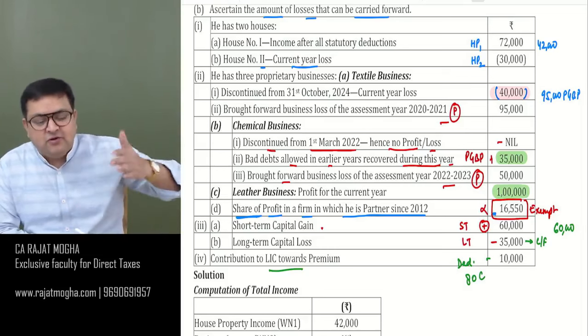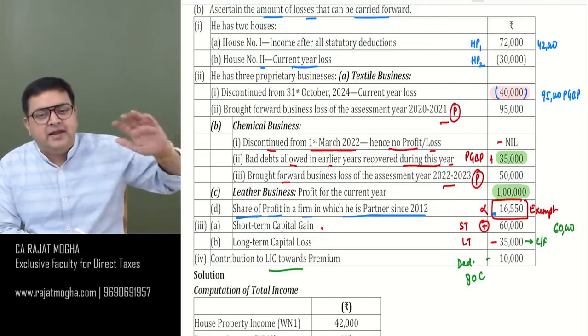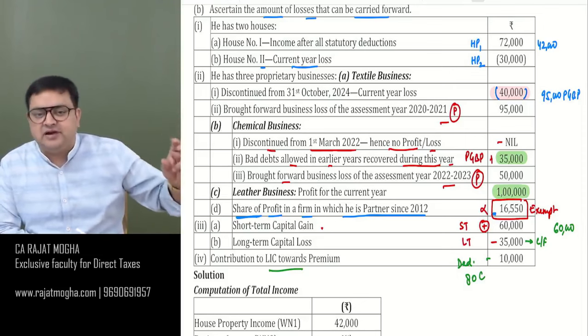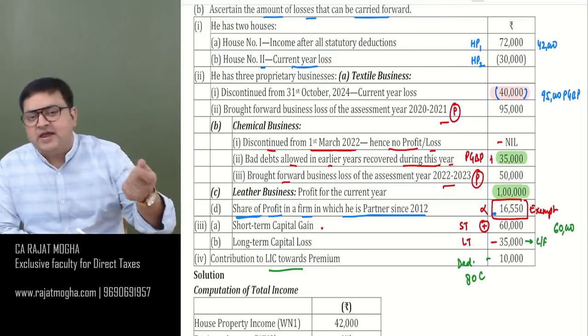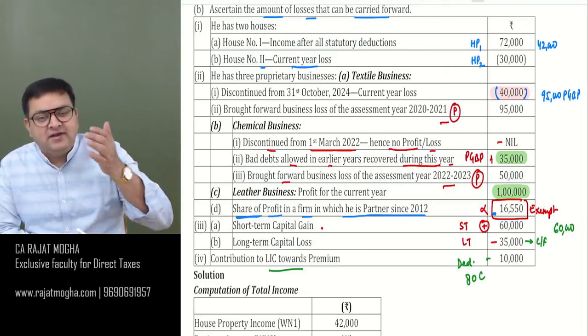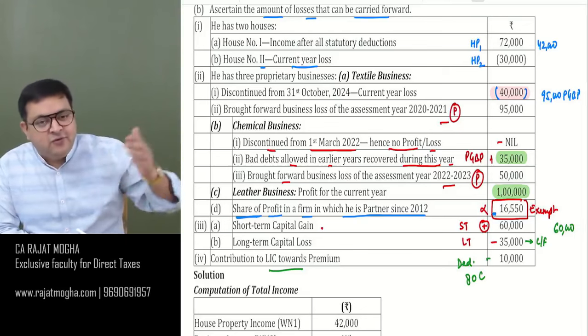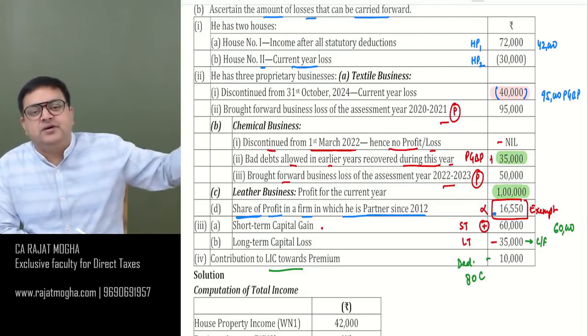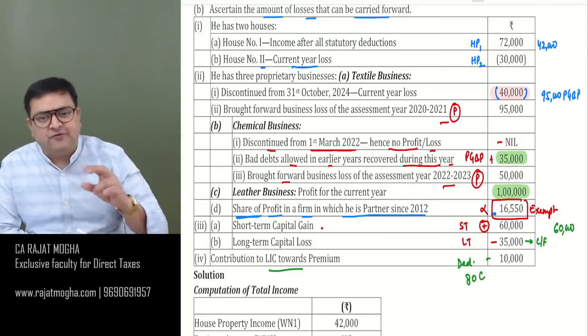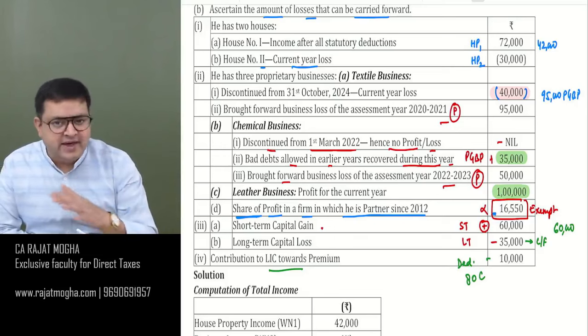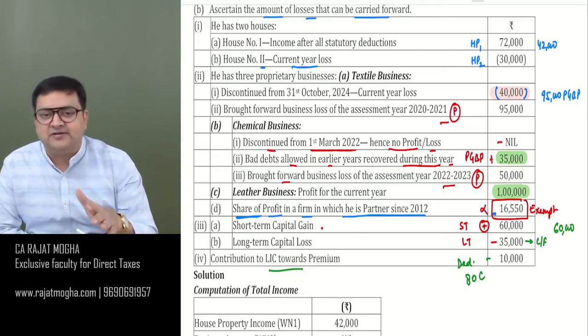So if there is any loss which is already expired, lapsed, please don't consider that loss. Right? Speculative business losses can be carried forward for 4 years. So if there is any speculative business loss which is more than 4 years old, now it is a dead loss, you cannot set it off. Right? So you have to mention that now it is lapsed, it is expired, so we can't set it off. Okay.